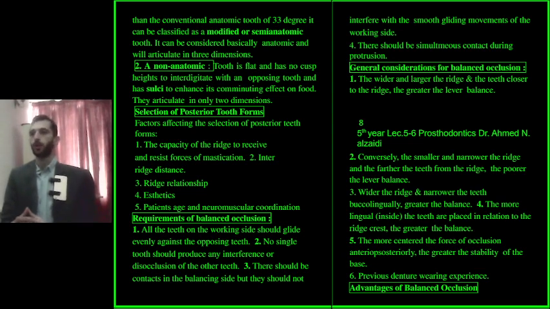Number 3. Wider the ridge and narrower the teeth buccolingually, greater the balance. Number 4. The more lingual the teeth are placed in relation to the ridge crest, the greater the balance. Number 5. The more centered the force of occlusion anterior-posteriorly, the greater the stability of the base.